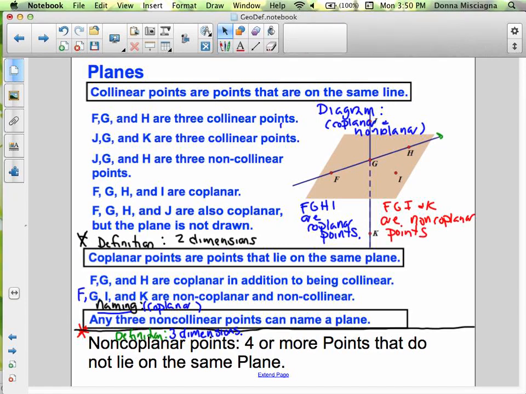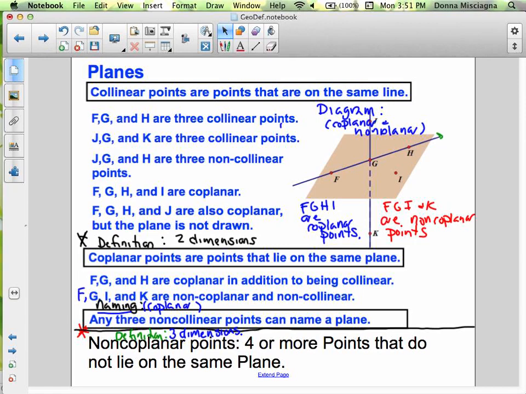They take up more than one plane. And there's no naming for that. So we just have our definition for non-coplanar and our diagram, and we're just going to add from the diagram for coplanar.